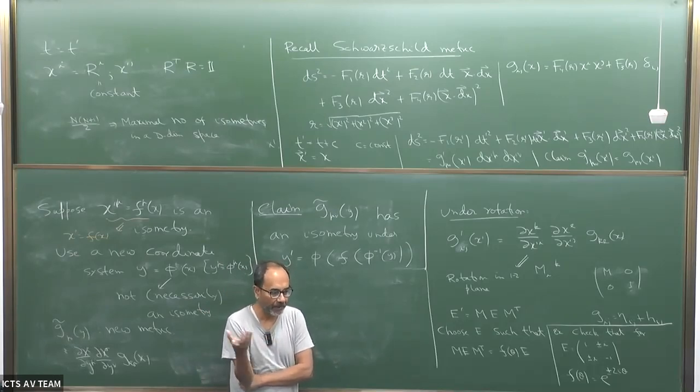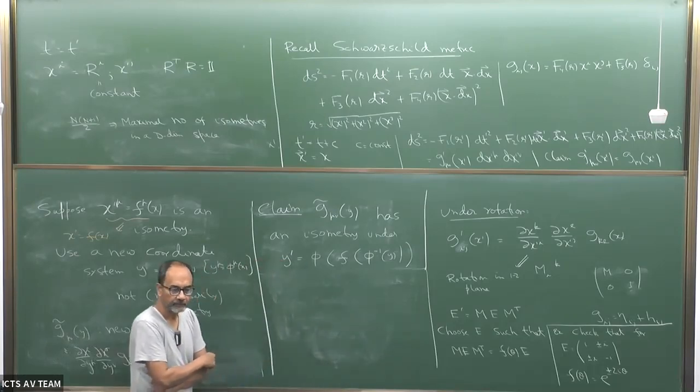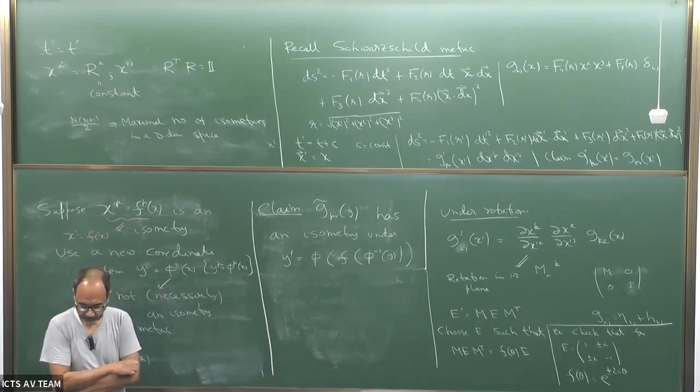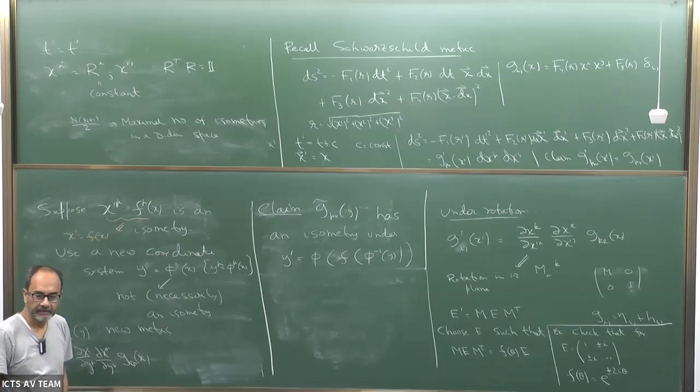If it has an isometry in one coordinate system, it will have an isometry in all coordinate systems. So it's an intrinsic property of the metric. Any question?